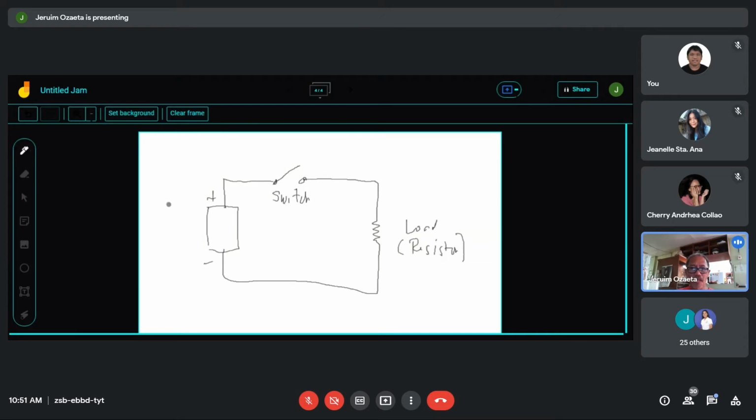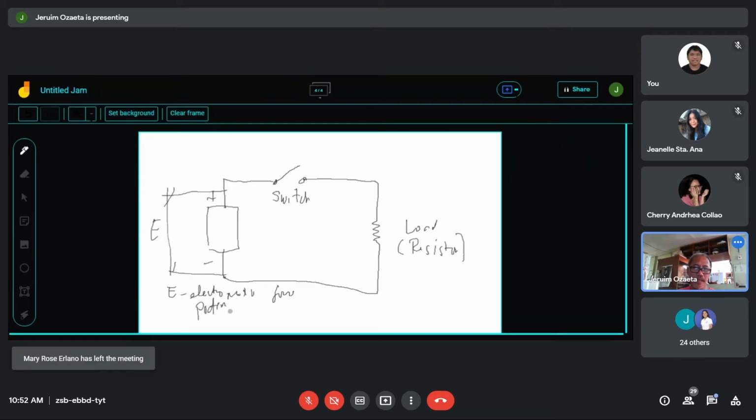So a potential difference present from the source is what you call your E. E is the potential difference, where E is your electromotive force. That is the potential difference at the source.